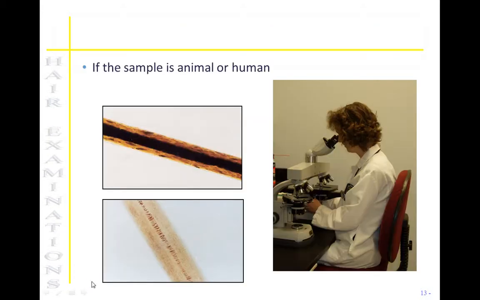First of all, the analyst will try to determine if the hair is animal or if it is human. You can see by the two hairs shown on this slide, there are very distinct differences between animal hair, which is the hair on the top, and human hair, which is the hair on the bottom of this slide.